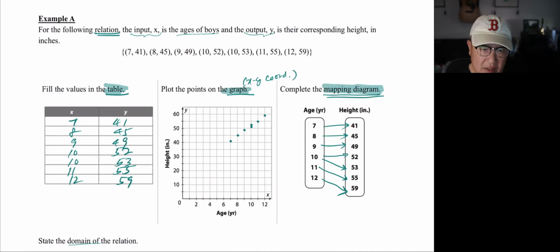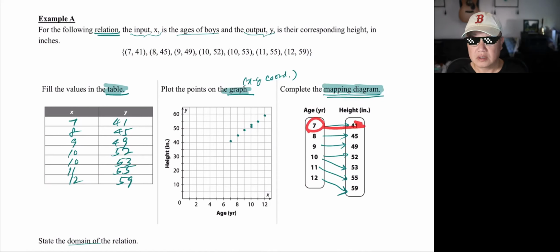The domain, the input, is a starting value, isn't it? So we have a starting value over here going to this, and so on and so forth. It just turns out that the number 10 goes to 52 and 53. And then putting in here, we have 7 and 41. 7's right there. 41 is slightly above 40, so you have to do your best.